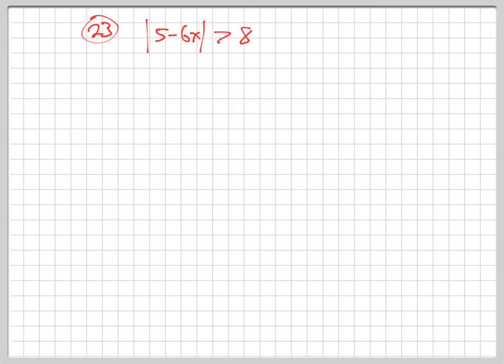Try that one. You know what to do. So decide if it's greater than or less than, whether you make the one big statement or the two separate statements. So first step, this is absolute value greater. So we can have the one big statement or the two separate statements? Two separate. Yeah, because greater is more, two statements.